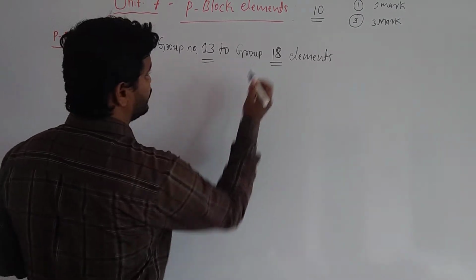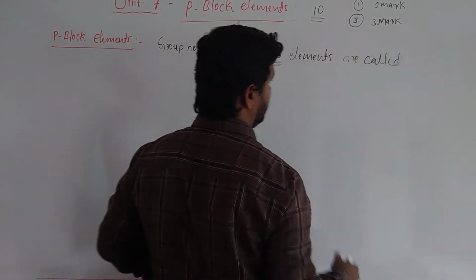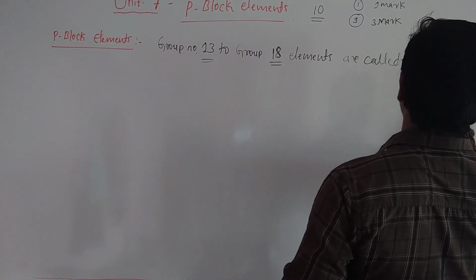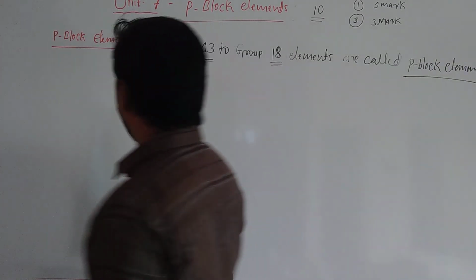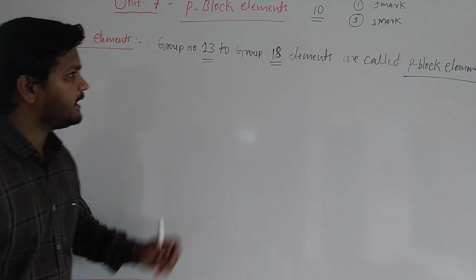Group number 13 to group number 18 elements are called P block elements.